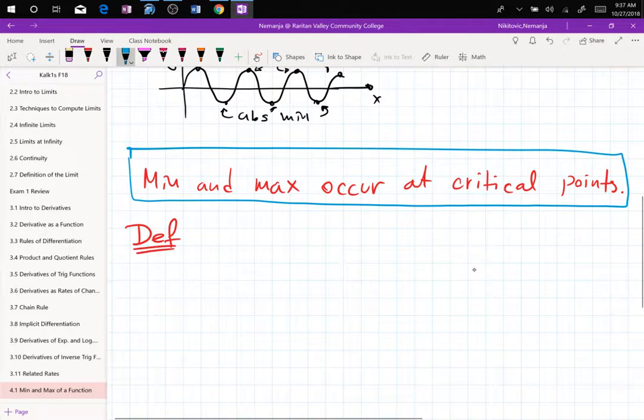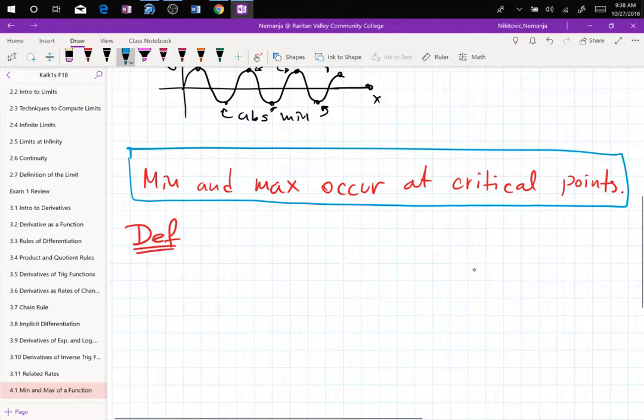Is this all that occurs at critical points? No. There's more than that. Right now we're only focusing on min and max. At critical points you also have asymptotes. At critical points you also have something called inflection point. Critical point in Calc 3 will also include a saddle point. So min and max is not nearly the end of the story for critical point.